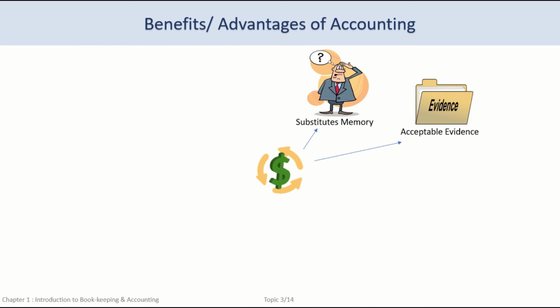Documents can be produced before any authority for inspection, and business transaction documents are also accepted as evidence in the courts of law. The evidence provides a proof of the sanctity or correctness of our business dealings. We need to record only what we have done and provide the documentary proof of whatever we have done.